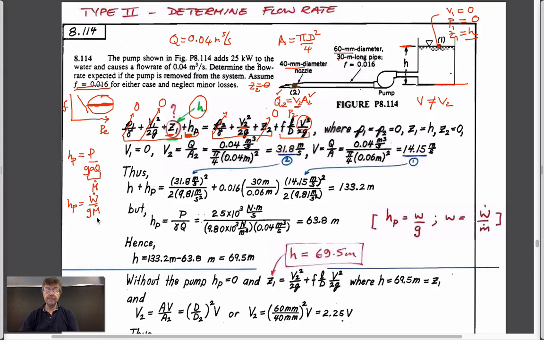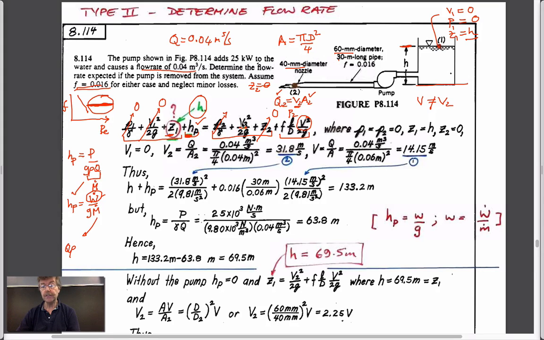And so we know the mass flow rate, right? Mass flow rate is Q times density. We know the flow rate, we know gravity, and we know this is 25 kilowatts. So we know everything in HP. What don't we know?